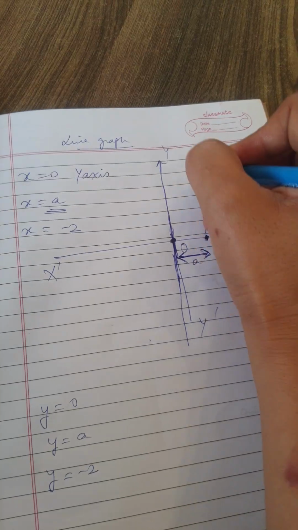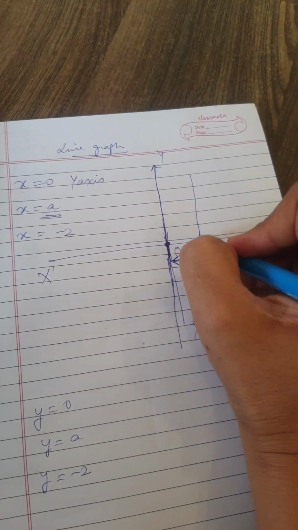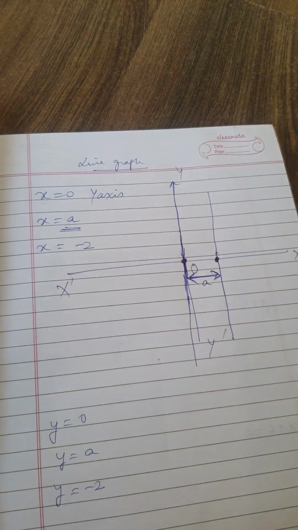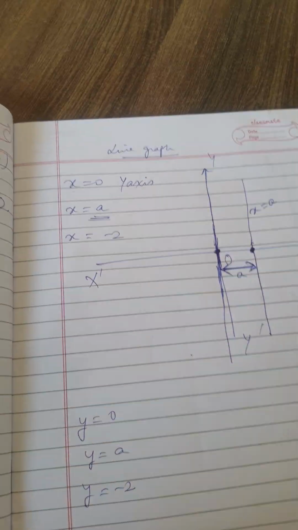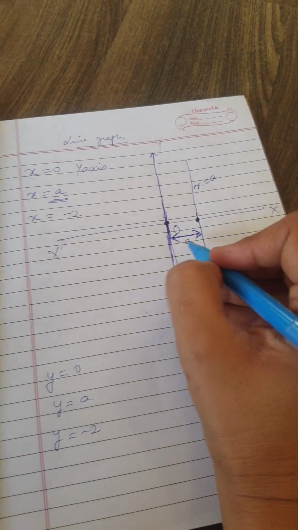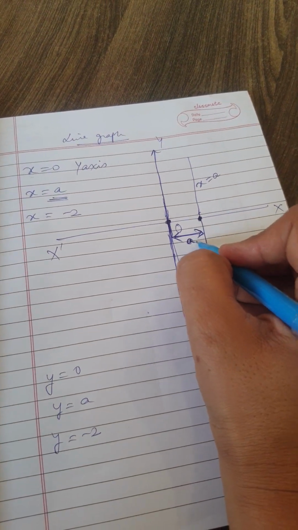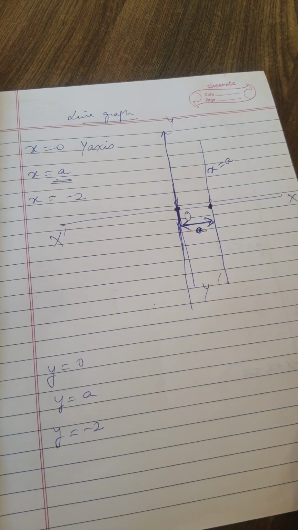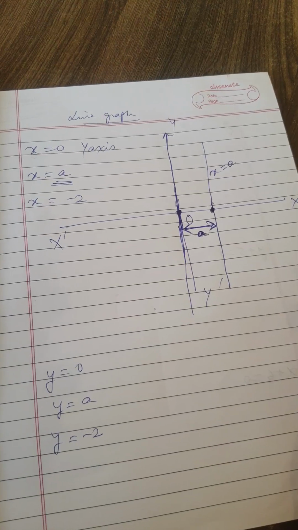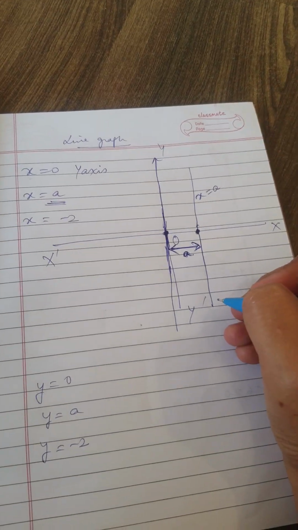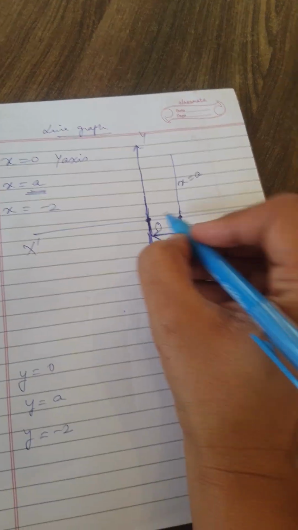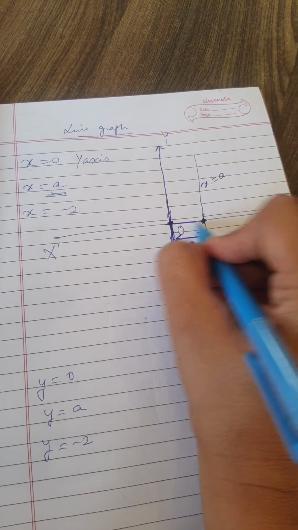So if we make a perpendicular line which will pass through this point, this line's equation would be x equal to a. Because a is a variable value, we can put any value in place of a. The line would be parallel to the y-axis at a distance of a.